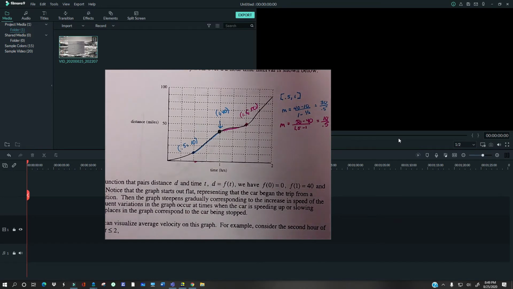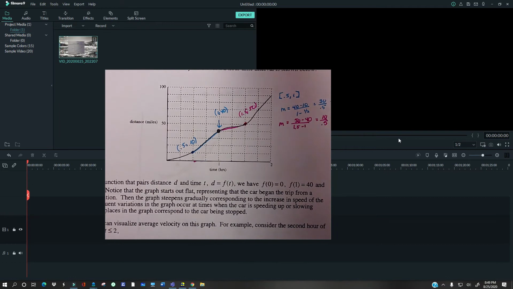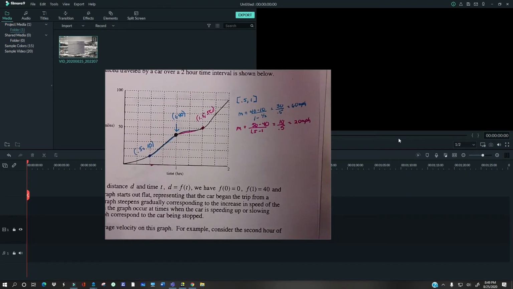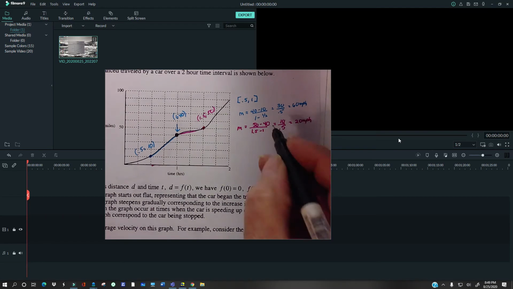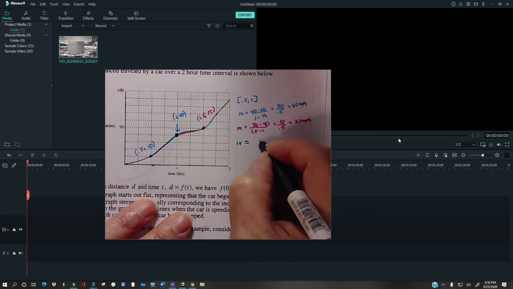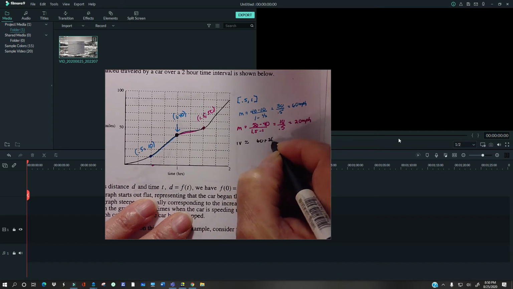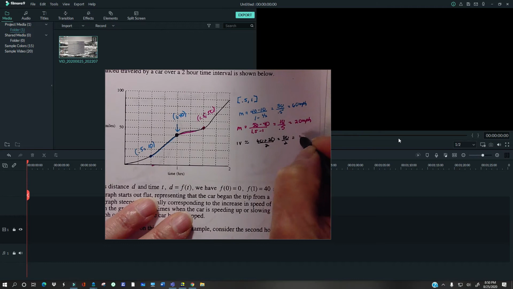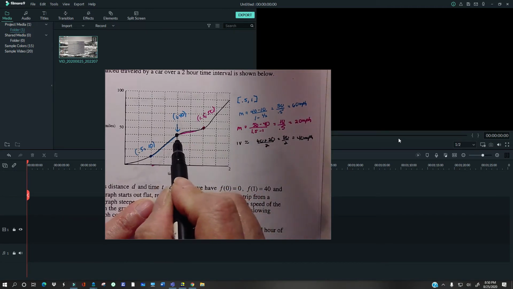However, if you add those two values up and divide by 2, that's going to give you a really good approximation of the instantaneous velocity, because that's all you can do at this point. So the instantaneous velocity is approximately 60 plus 20 divided by 2. That's 80 halves, or 40 miles an hour. So at this instant in time, the velocity was approximately 40 miles an hour.